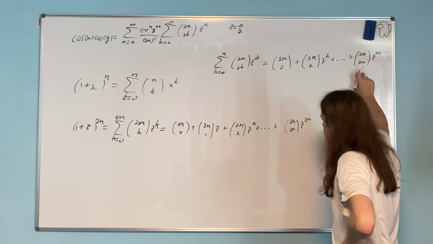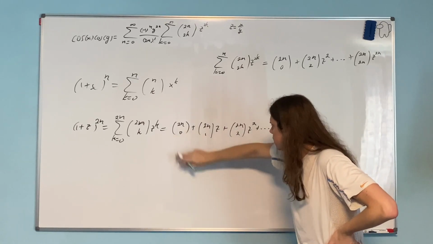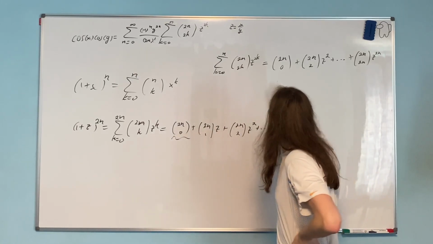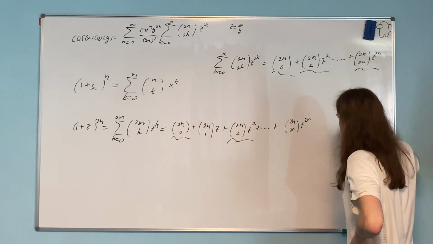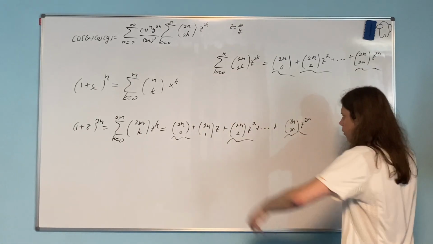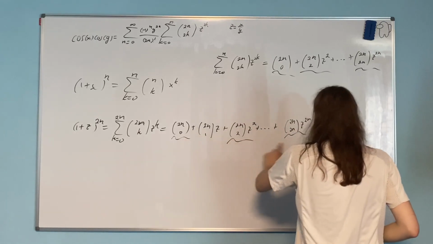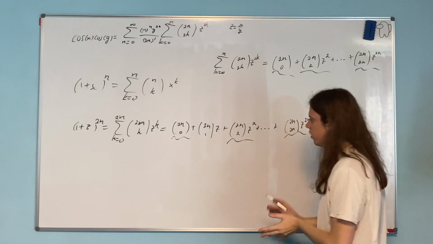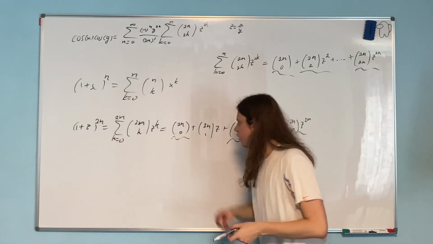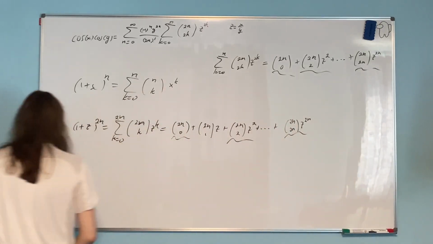All of these terms are a part of this sum, as in this appears here, this appears here, as in all even terms of this sum is this sum, but how do we get the even terms from this? Aha, now here's the trick.